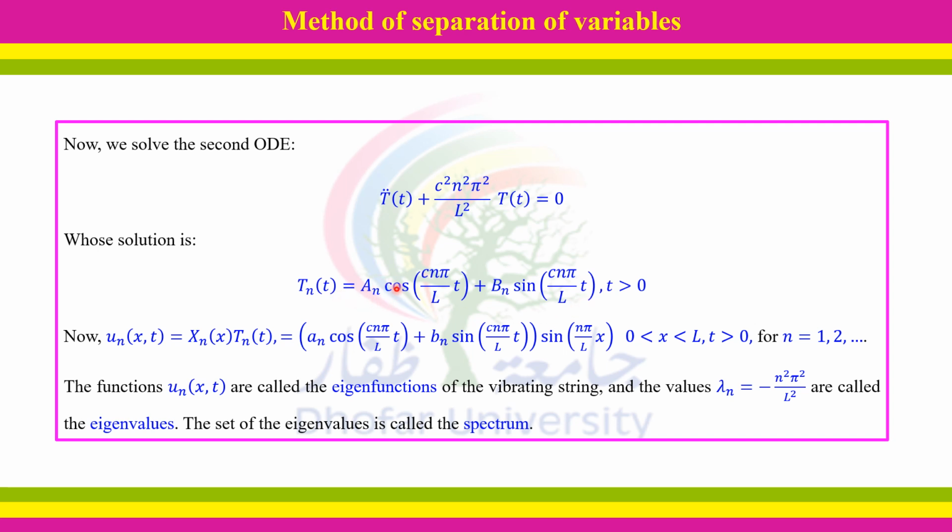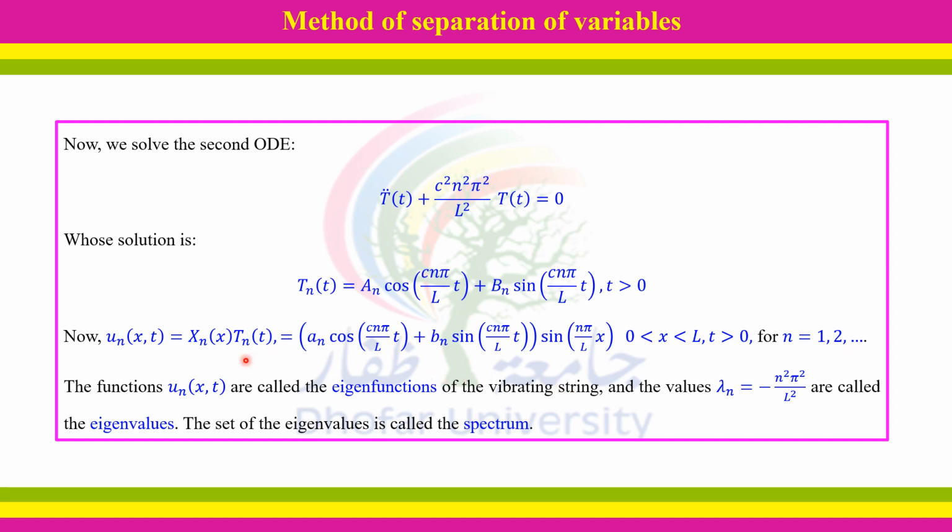And we have characterized the solution again by n, because for different values of n, we can find solutions that are satisfying both the first boundary value problem and this ordinary differential equation. So now we write U_n of x and t equal X_n of x times T_n of t, which is this amount here, for n equal 1, 2, and so on.